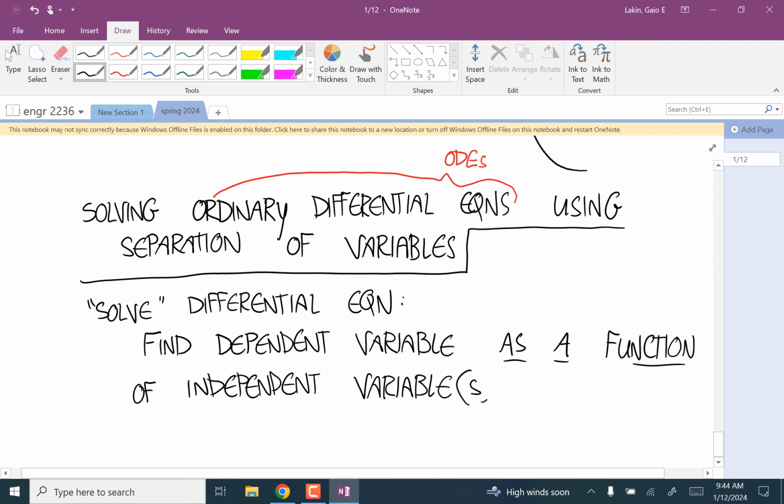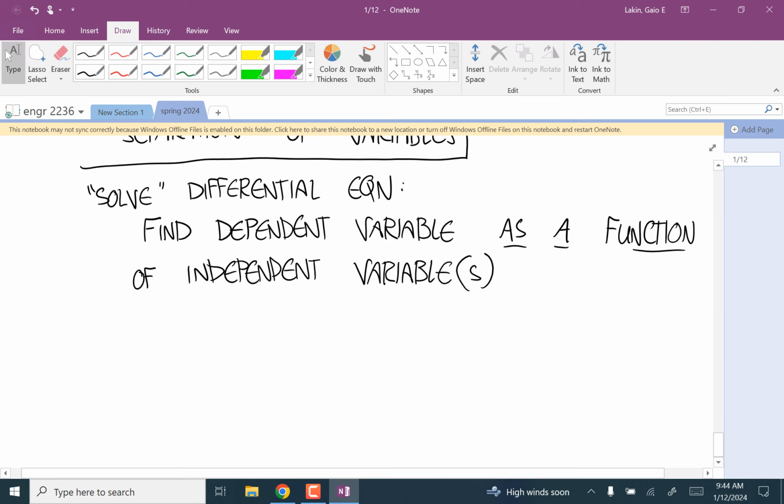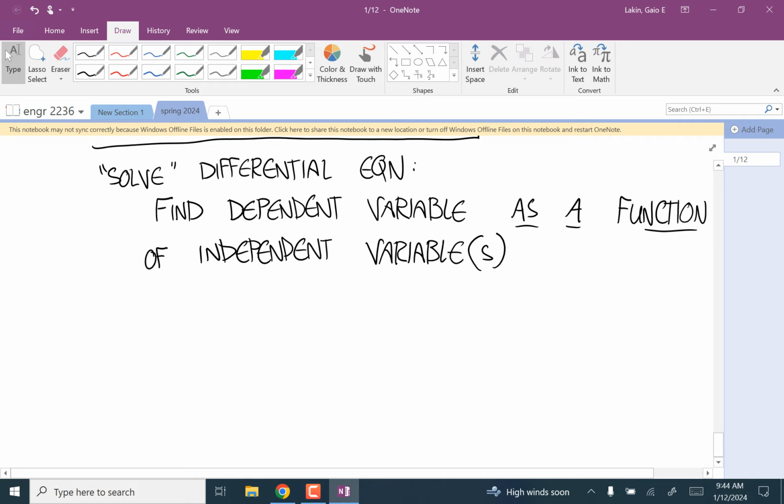And I'm going to put the S in parentheses because you can have differential equations where you have more than one independent variable.